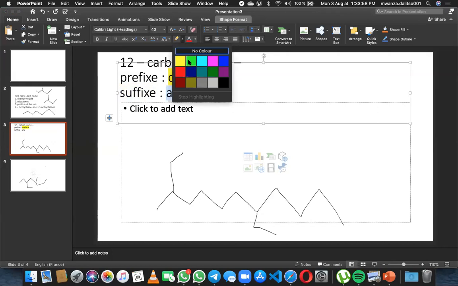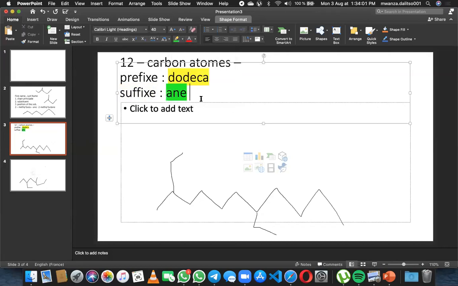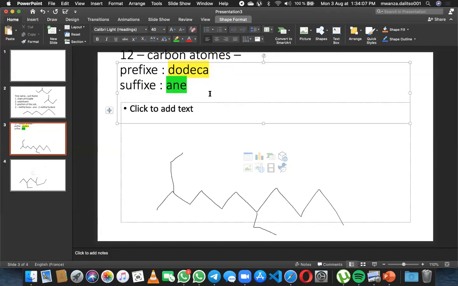So we use a different color. Then we are saying, okay, automatically this one is going to be called the last name. We can even go as far as just giving it the last name, like I'm attacking the question from behind, from the front. It's the same thing. So the last name will be dodeca, suffix ane.